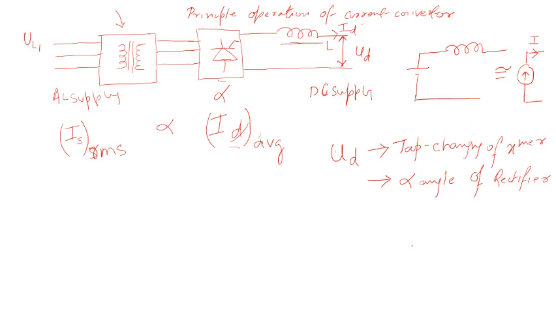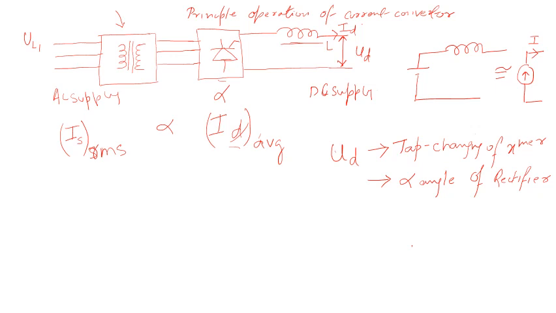As I have made my current constant, what is the other parameter? That is the voltage. We can control our voltage either by the tap changing method or by changing the alpha angle. Basically, our motive is to have control on one of the quantities.